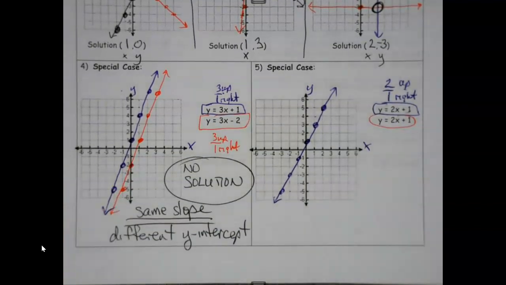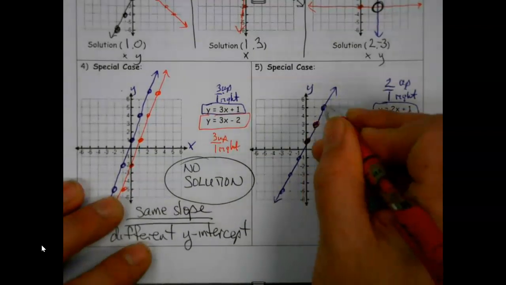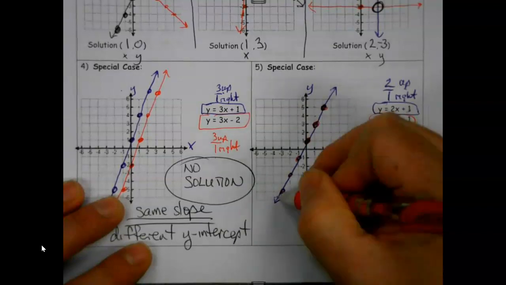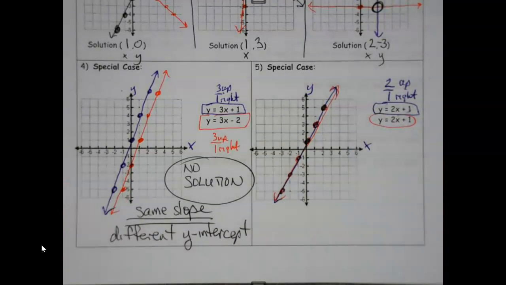Then I notice something. When I go to do the second one, it's the same equation. What the heck? If it's the same equation, it's literally the same points. Like, every point is the same. What the heck? How does this work?